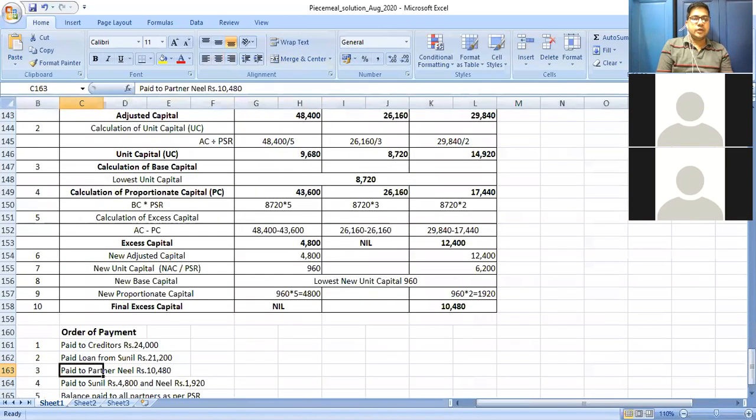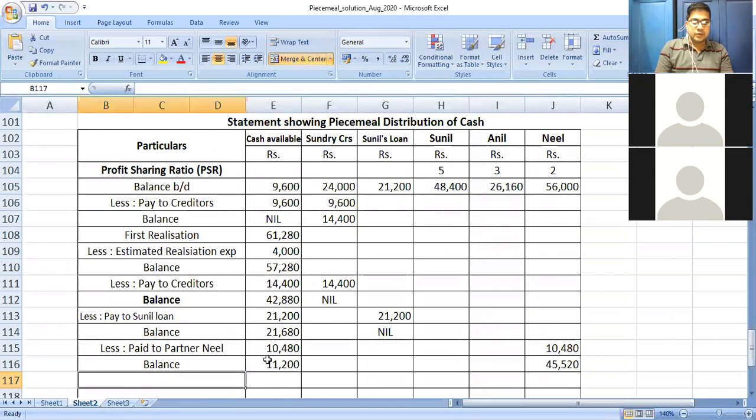Now if you see the order, after payment to Nil, the next payment is to Sunil 4,800 and Nil 1,920. It means 4,800 plus 1,920, the total value we have to pay Sunil and Nil is 6,720. And our cash available balance is 11,200.